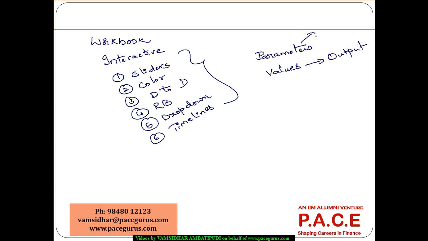A parameter is more like a dynamic value. It helps you change the value on the spot and see, which means the user can give their own input and see how the output is impacted because of that. All these kinds of features are typically provided as part of the Tableau dashboard.